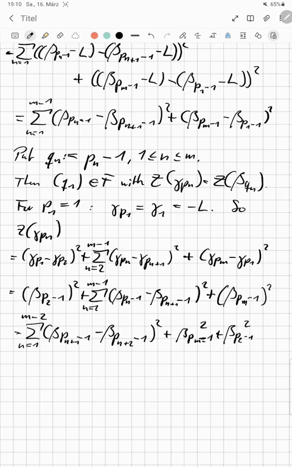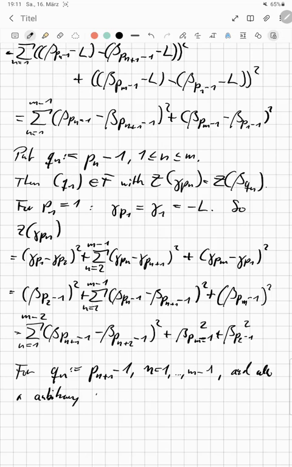And you see where this is going. Here we just put Qn as Pn plus 1 minus 1, and n shall go from 1 to m minus 1. And also we will choose an arbitrary Qm, which is bigger than Qm minus 1.